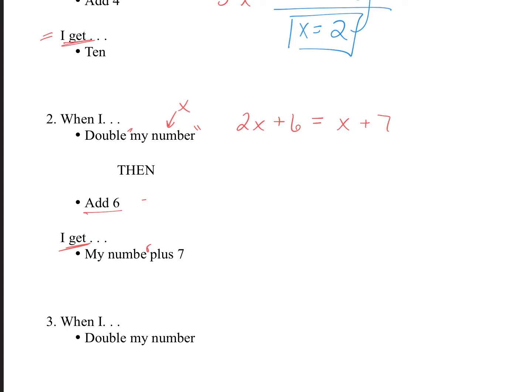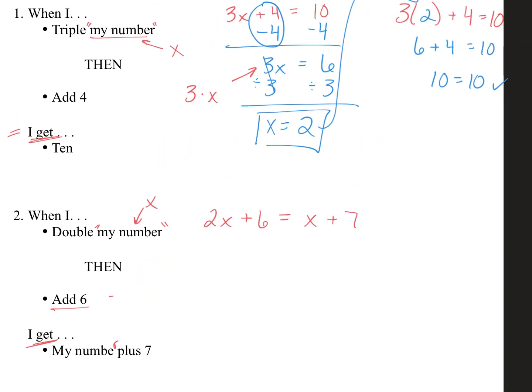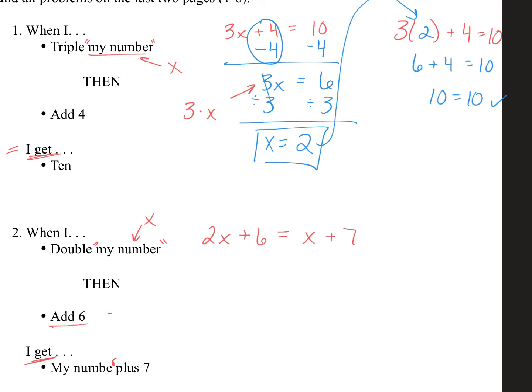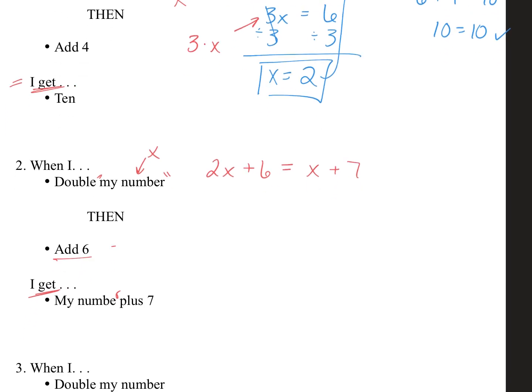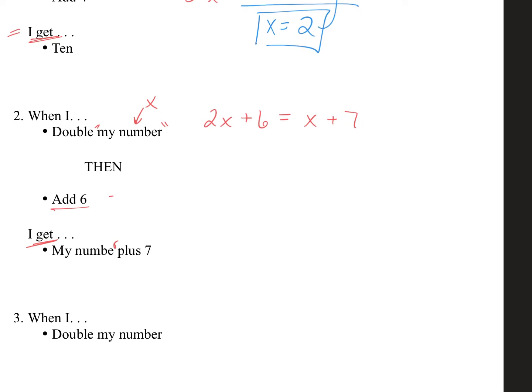Just like in the previous problem, when I took the 4 and got rid of it, I'm going to get rid of the x on both sides, okay? So what do I have in common on both sides? Well, I can get rid of one x. So I'm going to subtract an x from both sides. If I take away an x from both sides, I don't have any more x's on the right side. And I take away an x from 2x, I'm just left with 1x.